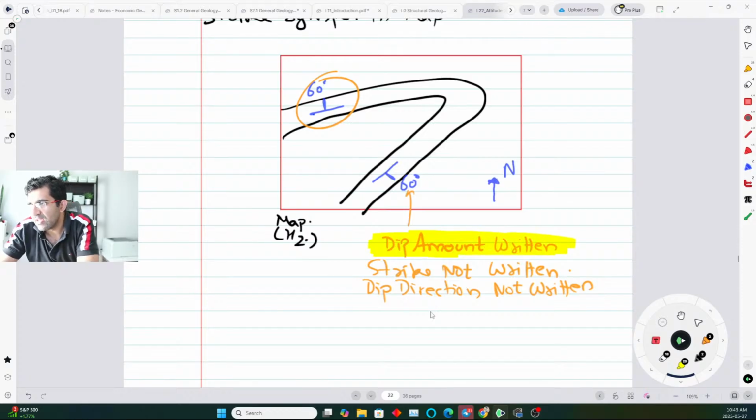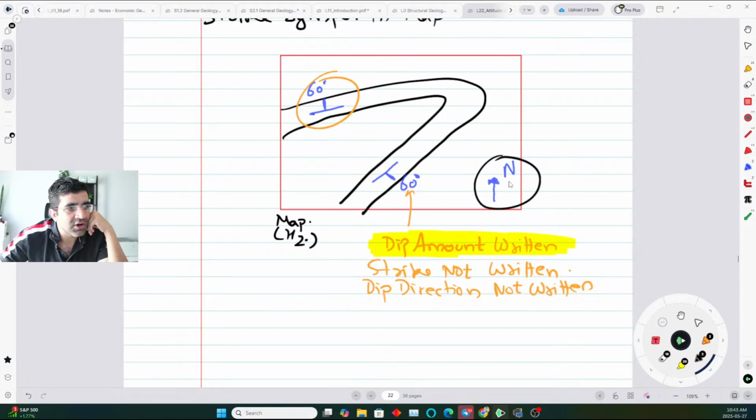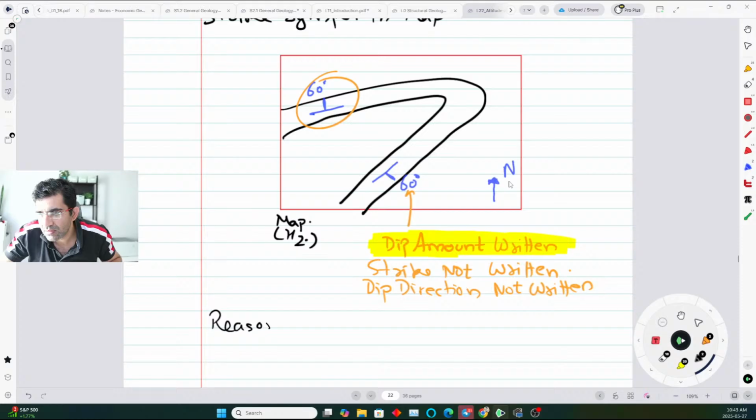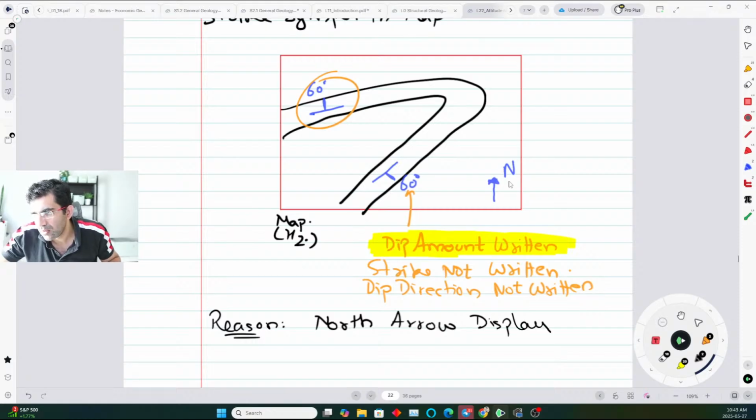Okay, the reason is, now try to think of this. This north arrow is already given to you. A map will always have a north arrow. That is why you should always have a north arrow in a map.